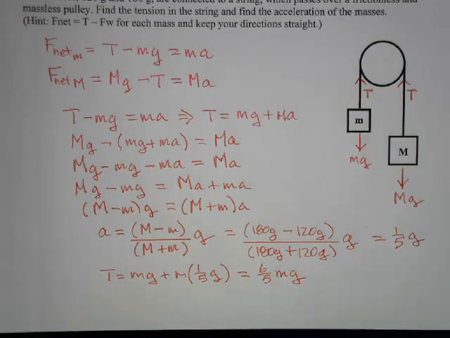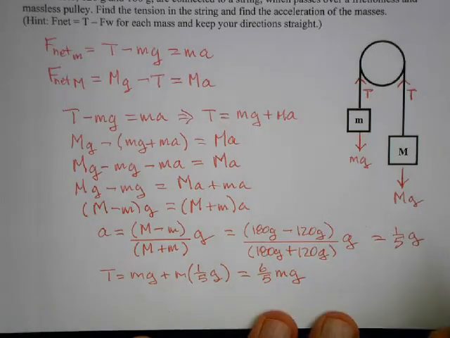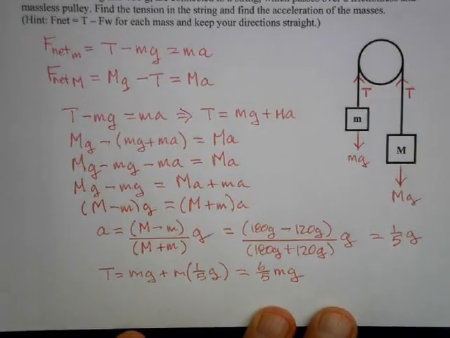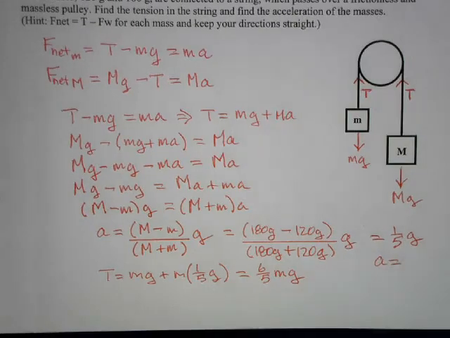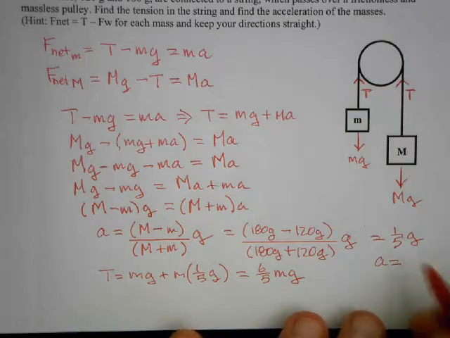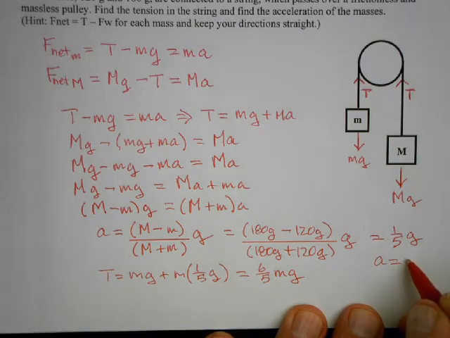For our acceleration, basically a is going to equal about 1.96 meters per second squared. That would be 1/5 g.